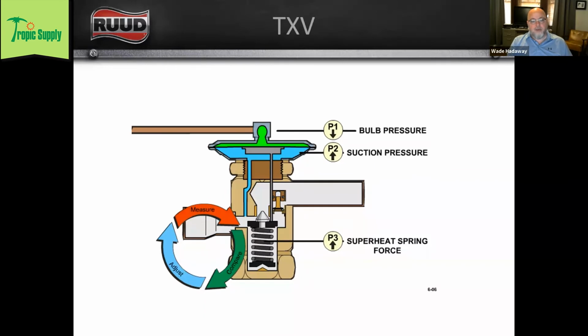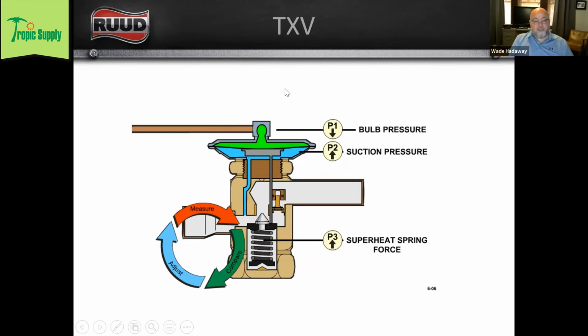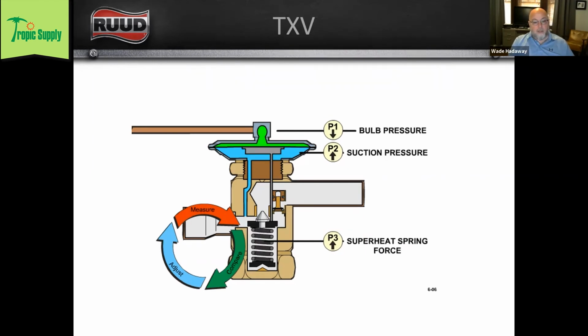So the beauty of the expansion valve is the hotter it is inside, the faster we can drop the temperature. We can feed more refrigerant into the evaporator coil. The hotter it is inside, we can boil that refrigerant off, right? Where we're changing the state of the refrigerant, we're removing most of the heat. And then as the temperature starts to lower inside, the pressure on our bulb diminishes, and we close up our expansion valve a little bit more.